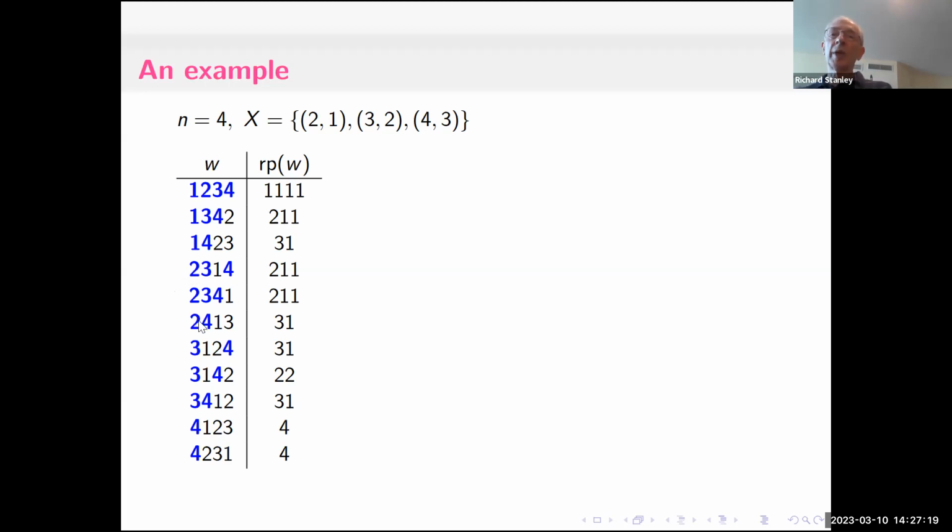For 2, 4, 1, 3, we get 4 and 2 differ by 1, and then 4, 1, 3 is a sequence of length 3 before we get to the end. So 3. So UX will be p_1 to the 4th, and there are three 2 1 1s here, so we'll get a 3 p_2 p_1 squared, etc. So this is UX.